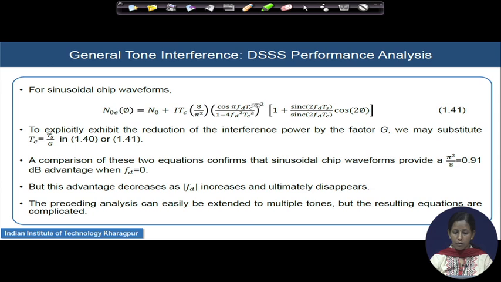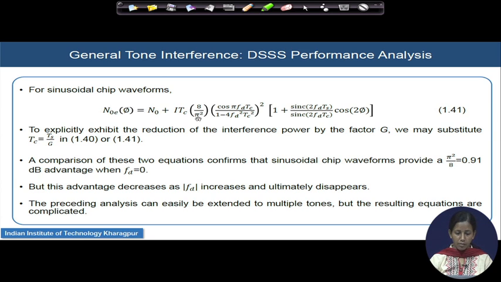The 8 by pi square contribution is very important to consider, and we will see the effect of these two different chip waveforms on the error probability calculation graphically in this module later on.